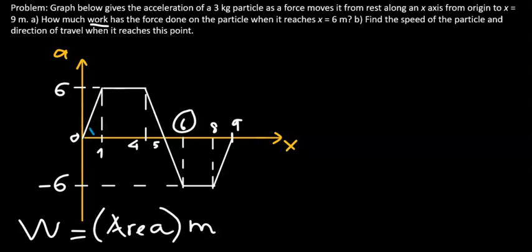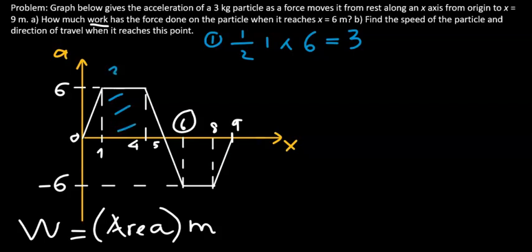The first area is this little triangle there. So let's call that area 1. Area 1 is the area of a triangle, half times this width, which is 1, times that length, which is 6. So that is quite simply 3. Next, the area of this rectangle.